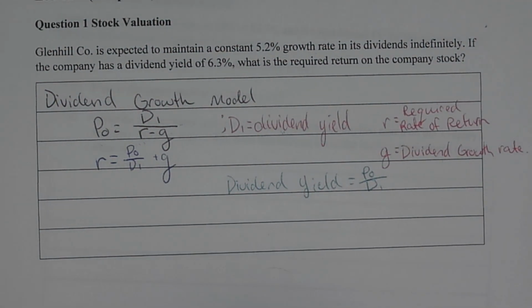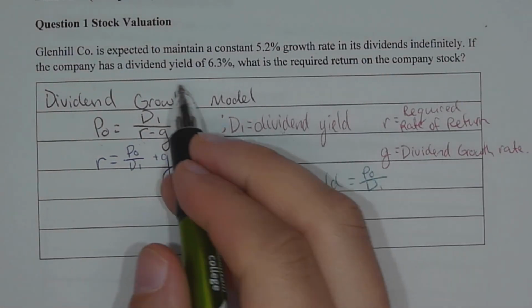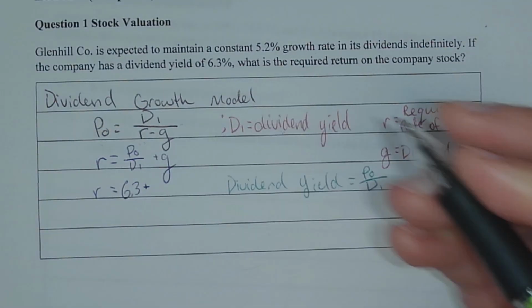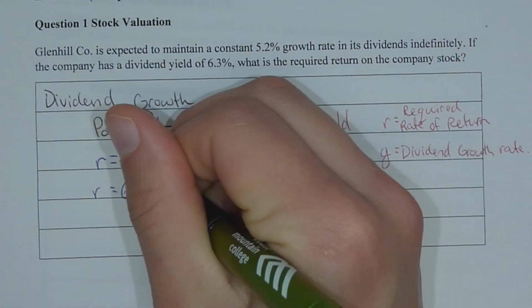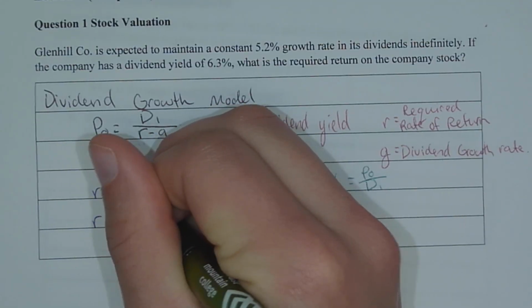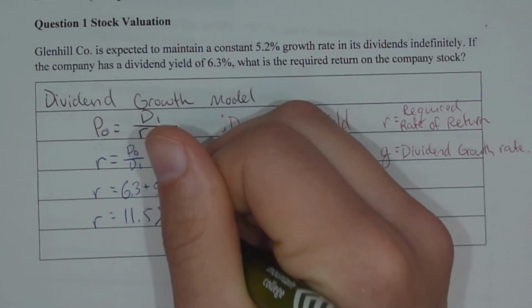So all we really have here is our dividend yield of 6.3 and our growth rate of 5.2. And we have an 11.5% required rate of return.